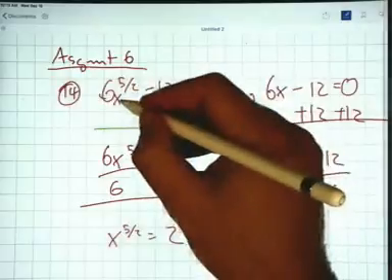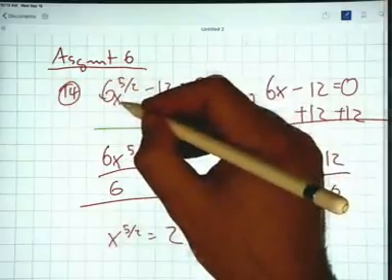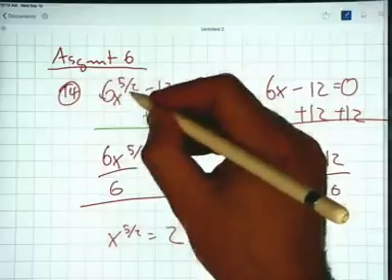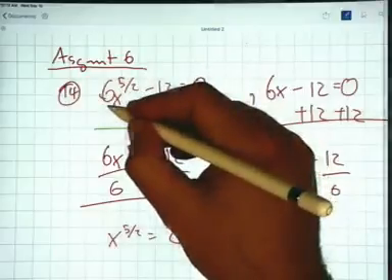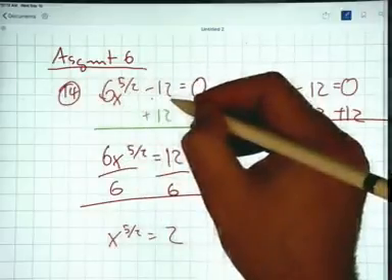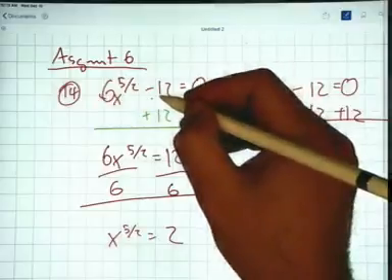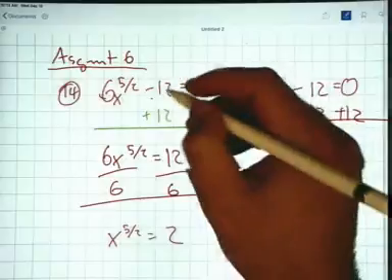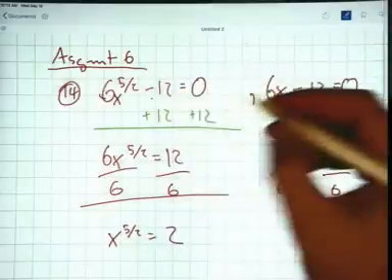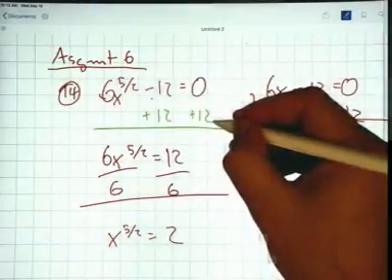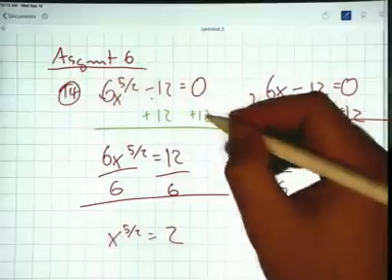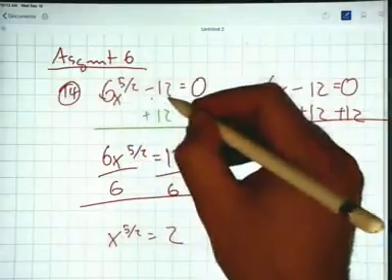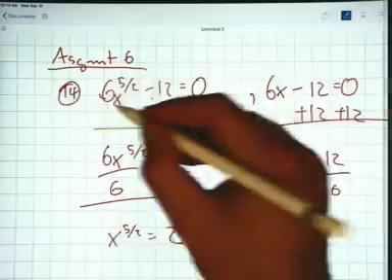So listen to my words. X raised to the 5 halves, then multiplied by 6, then subtracted by 12. To undo that, you're going to undo the last thing first. The last thing that happened was subtract by 12, so we add 12. The thing that happened before that was multiply by 6.